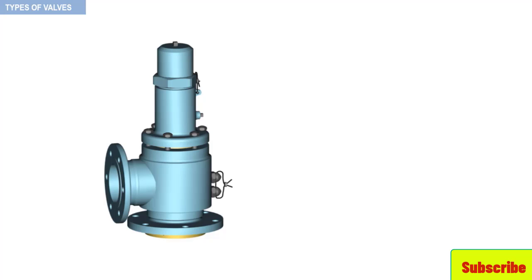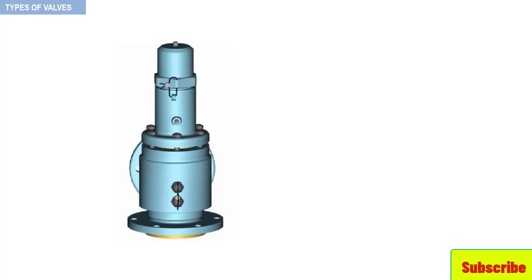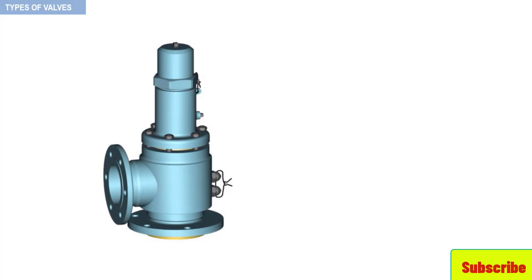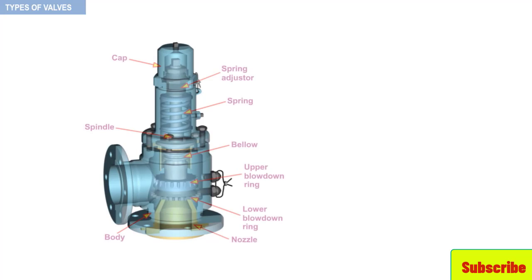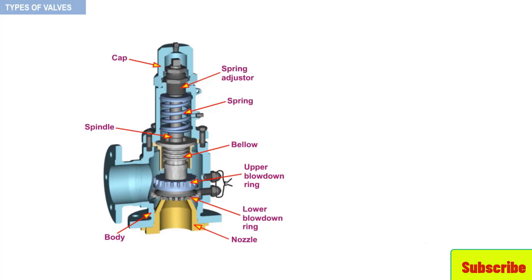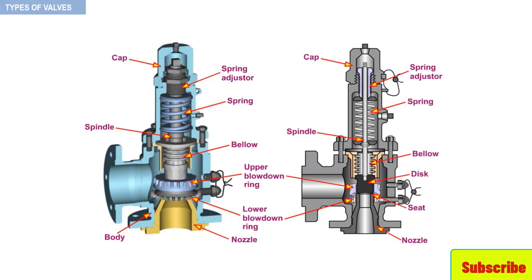The safety valve is now viewed on a walk-around. Let's now look into the internals of the valve and its operation. Here you can see all the components of the valve and the 2D cross-section corresponding to it.